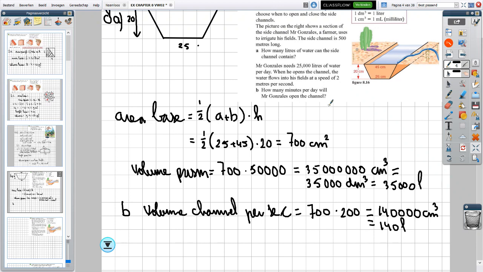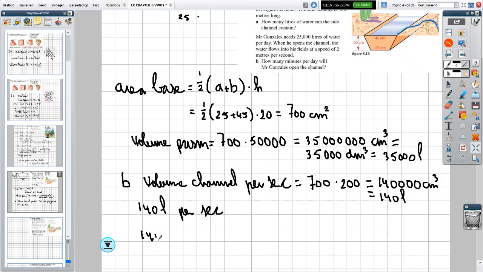How many minutes per day will he open the channel? Well, this is per second, so 140 liters per second. That means that I need 140 times 60, and then it's the part where I take out my calculator. That's going to be 8,400 liters per minute. And I need 25,000 liters.